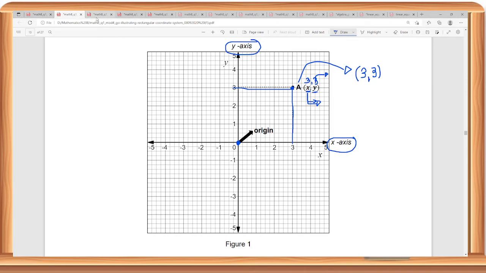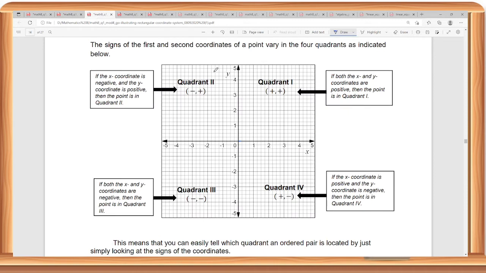Now, the Cartesian plane is divided into four sections. We have the first quadrant, second quadrant, third quadrant, and fourth quadrant.